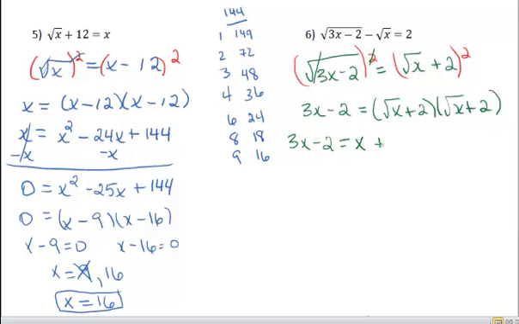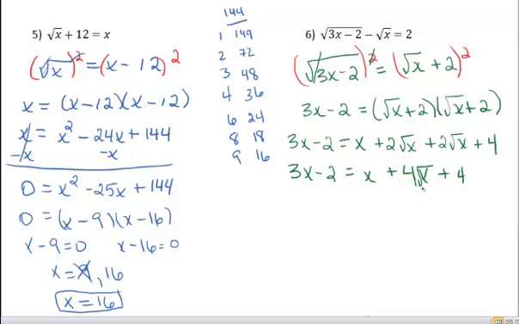Square root of x times 2, 2 times square root of x, and 2 times 2. So we have 3x minus 2 is equal to x plus 4 square root of x plus 4.